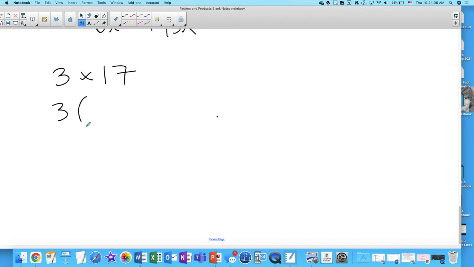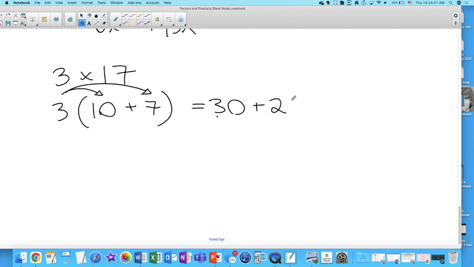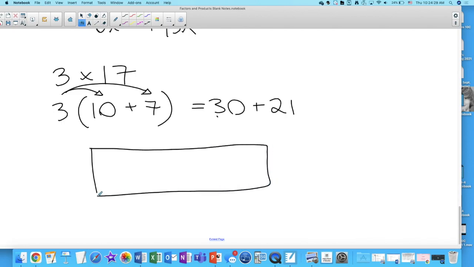So 3 times 10 is 30. 3 times 7 is 21, which is 51. Okay, using an area model, I draw a rectangle that's 3 by 17. Here's 3. I'm going to split the 17 up into 10 and 7. Here's my 30. Here's my 21. And those add to 51.